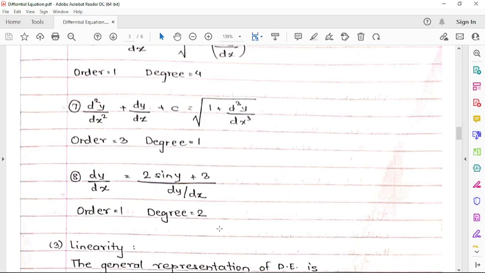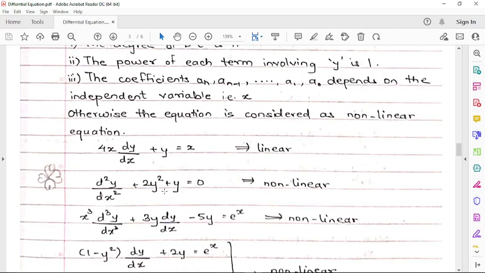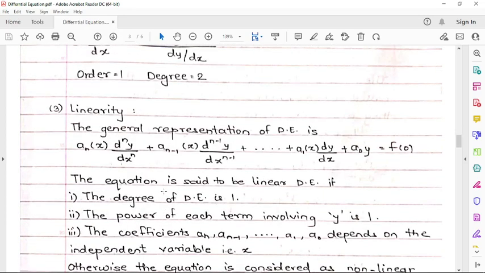So just by looking at a differential equation, we must know the way of finding its order and degree, right? This is the second type, where we classify different differential equations according to order and degree. Then linearity, the linear differential equation.